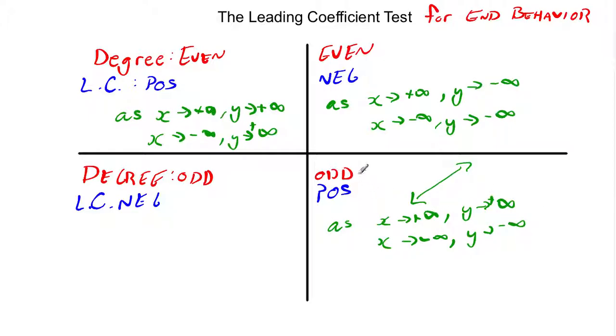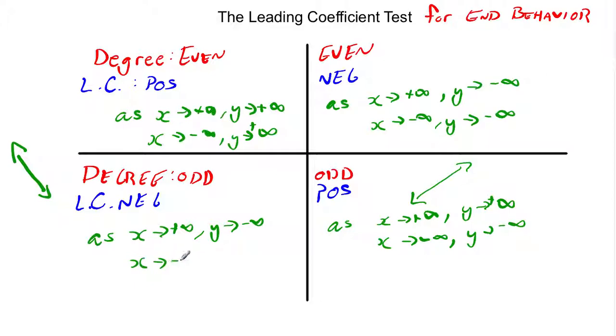So when we have an odd degree, we're going to have opposite directions for the end behavior, whereas for an even degree, we have the same directions. When we have an odd degree and a negative leading coefficient, that's like a line with a negative slope. So as x goes to positive infinity, y is now going to negative infinity.